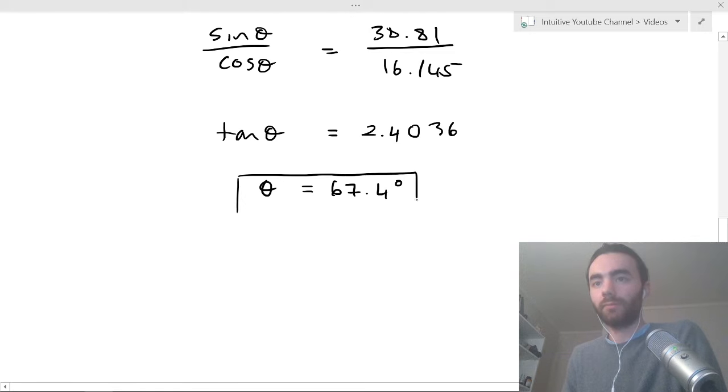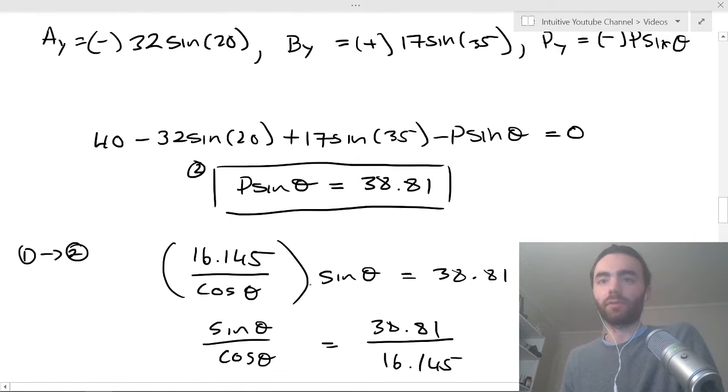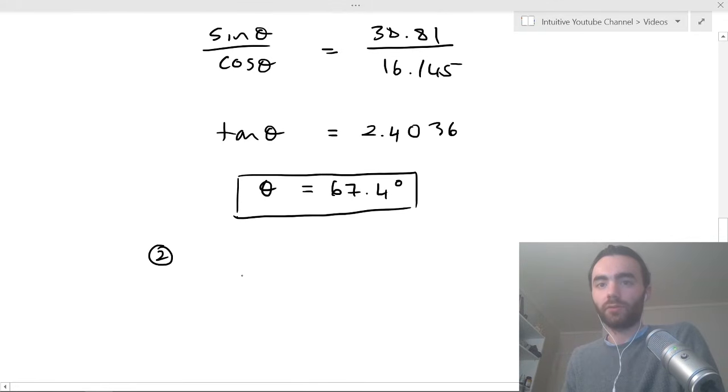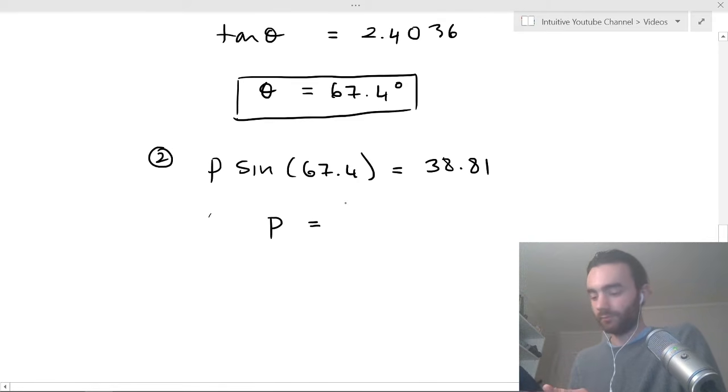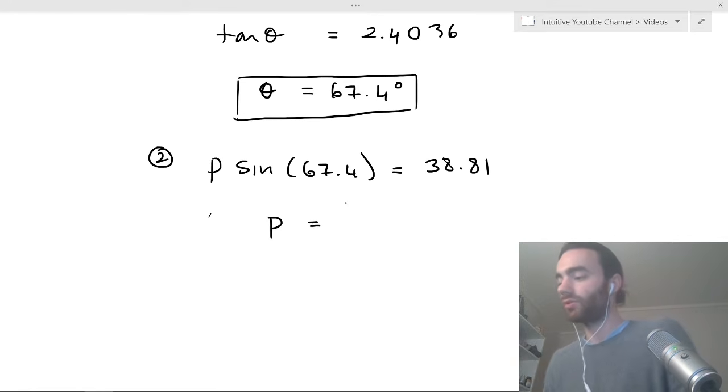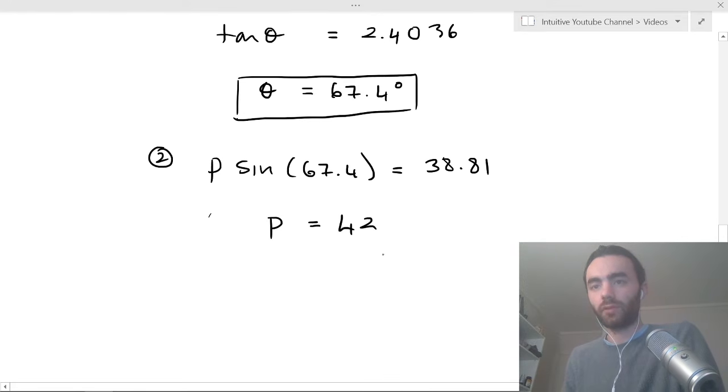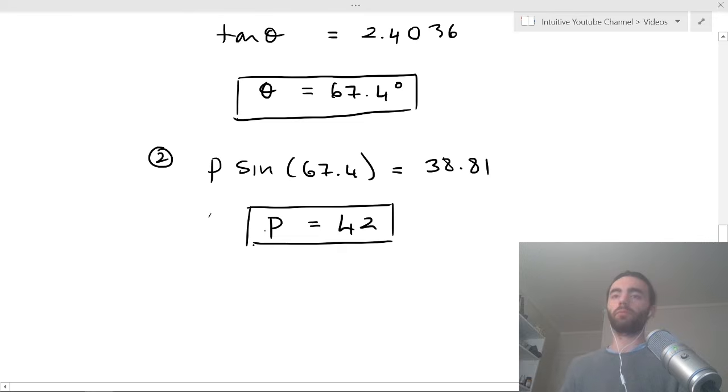Now that we have that theta, we can substitute it into equation 2: P sine 67.4 equals 38.81, to find P. So P equals 38.81 divided by sine of 67.4, which equals 42. So 42 newtons, or just 42. So there, your P equals 42, and theta is 67.4. Cool.